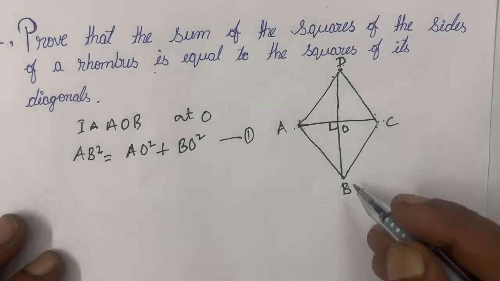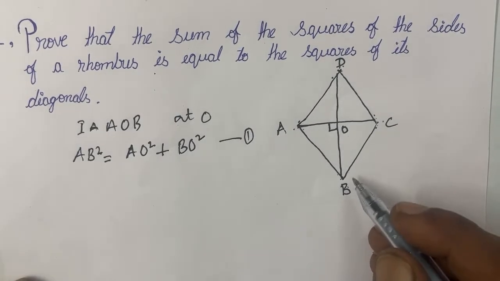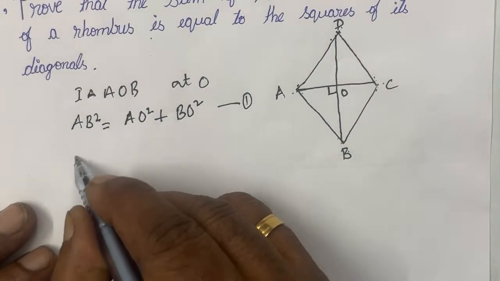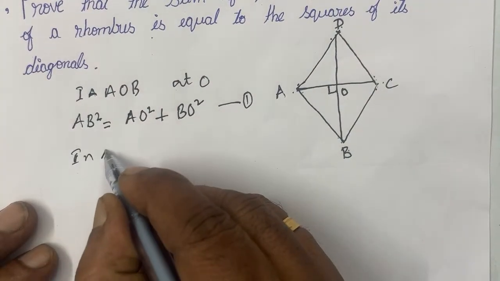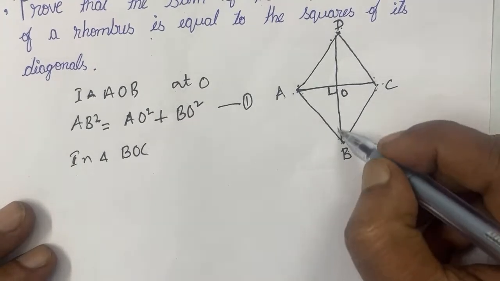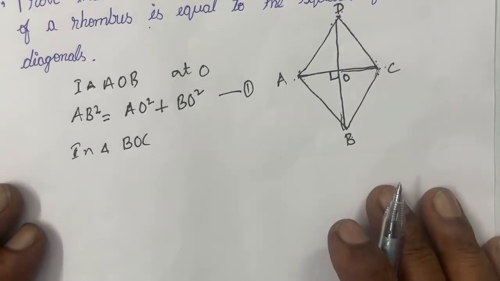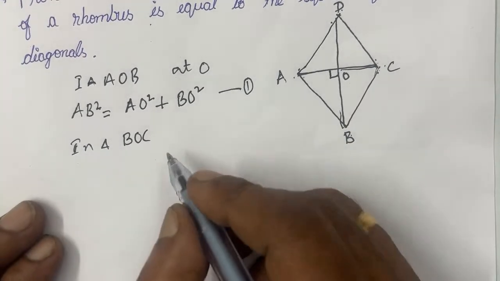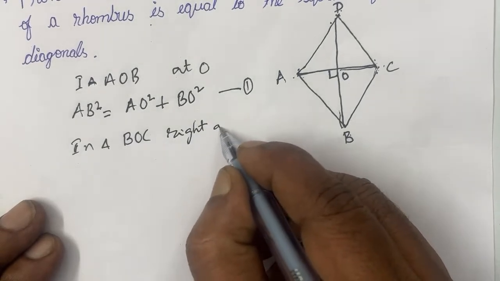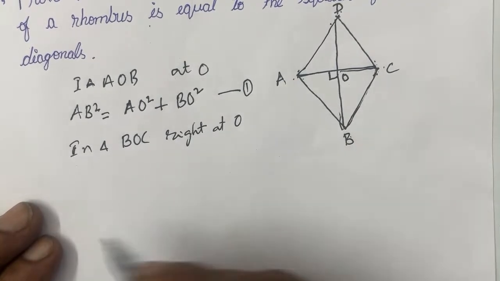Next comes the triangle BOC. In the triangle BOC, right angle at O, and the hypotenuse will be BC here.